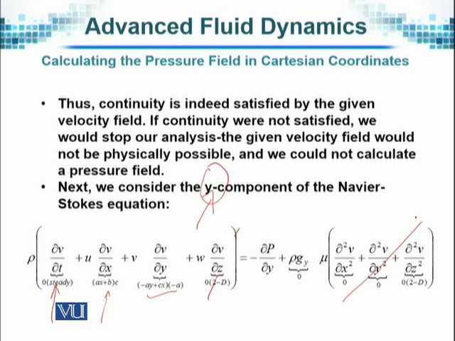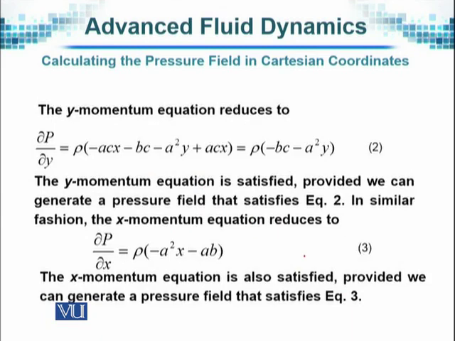So the only non-zero terms are 3 terms. All other terms are 0. So the y momentum equation reduces to dp by dy equals rho into minus b minus a square into y. And likewise, when we calculate the x momentum terms, we will have a similar equation, and that gives us this.